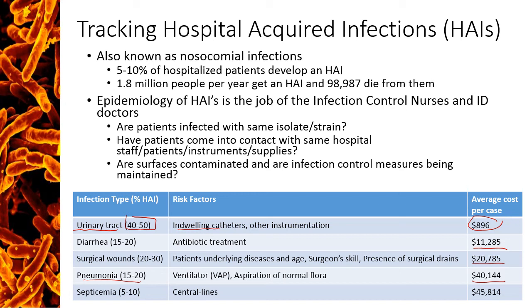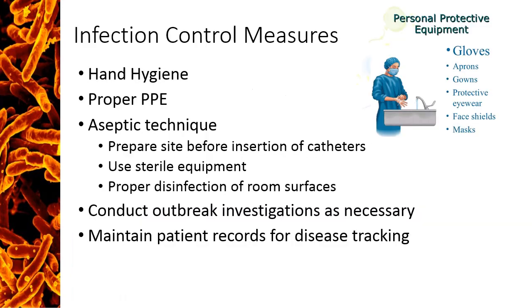And similarly, septicemia, which tends to be caused if you have central lines put in, about $45,000 extra per patient. And this is due to patients being in the hospital longer. They're there longer, they're getting sicker because they were admitted to the hospital in the first place, and that's really something that needs to be watched and taken care of.